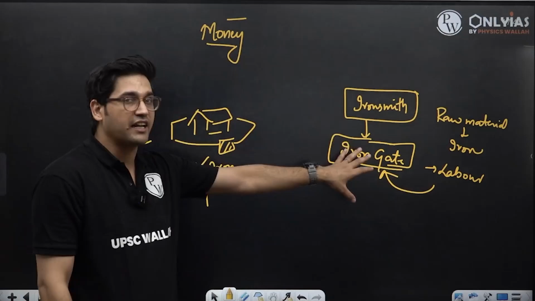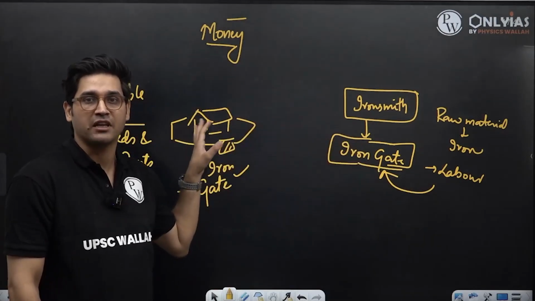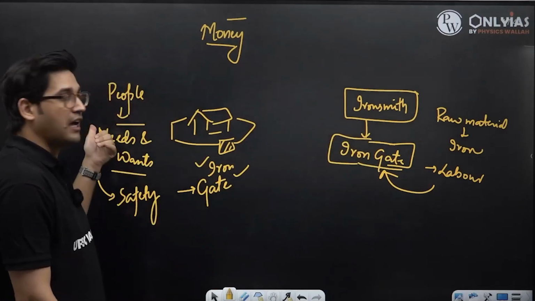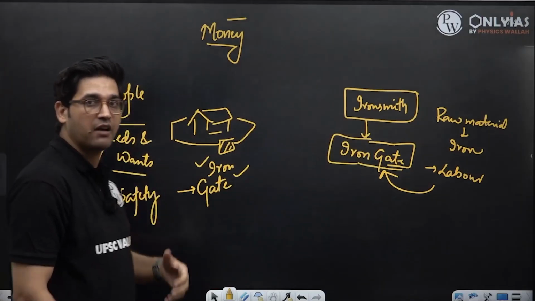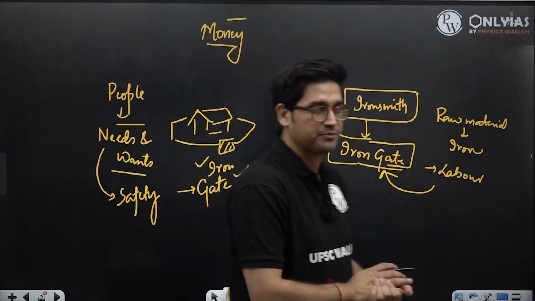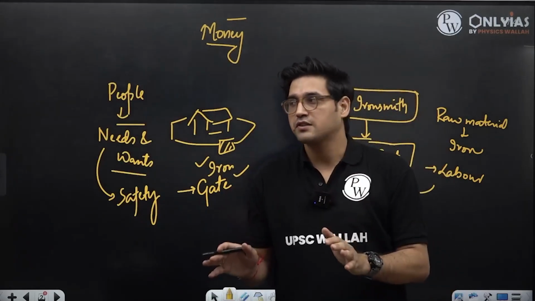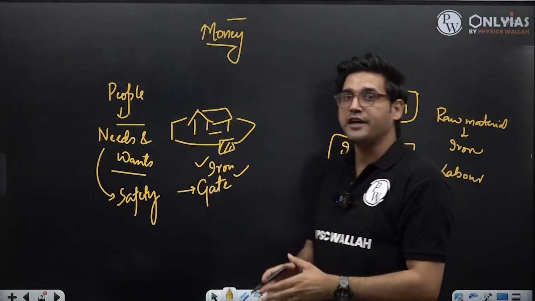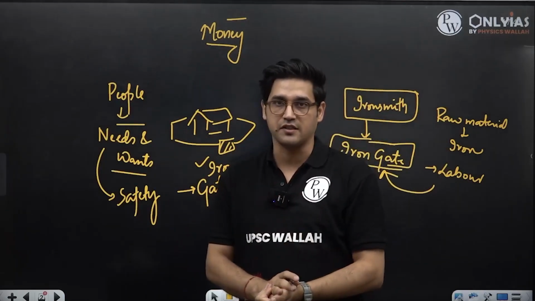Now, an iron gate is needed by me. An iron gate is wanted by me. Why? Because I have a need for safety. I want to keep my house safe. In economics, we will classify these two types of persons into two different economic agents.